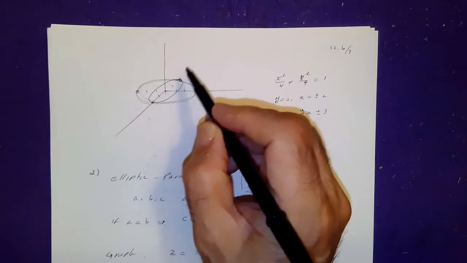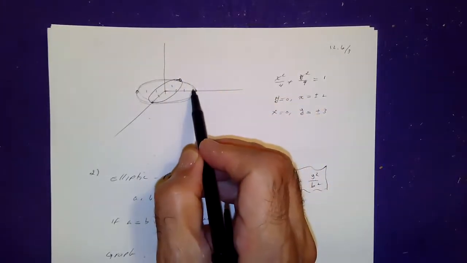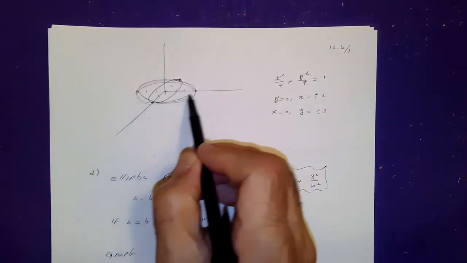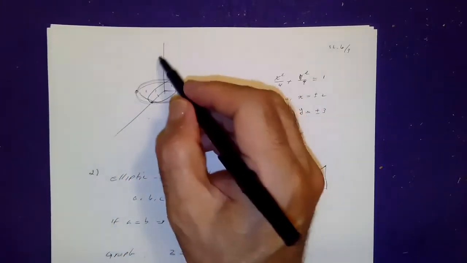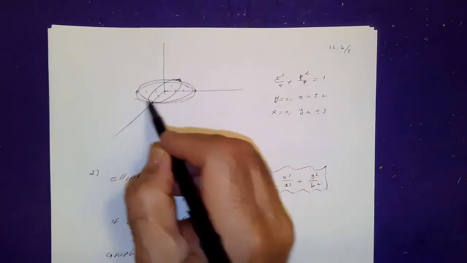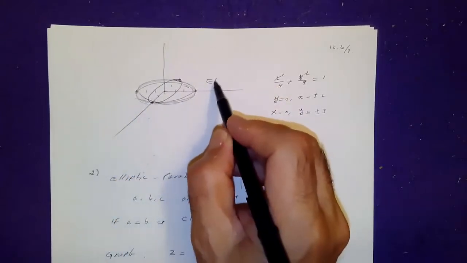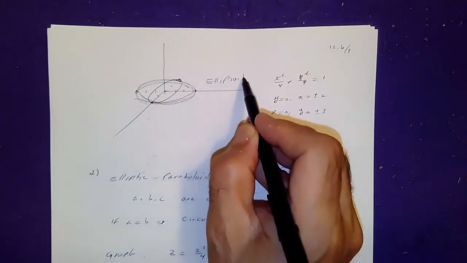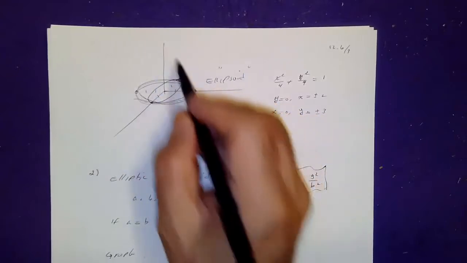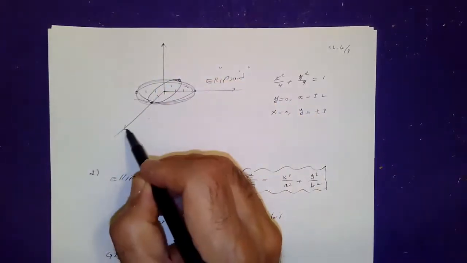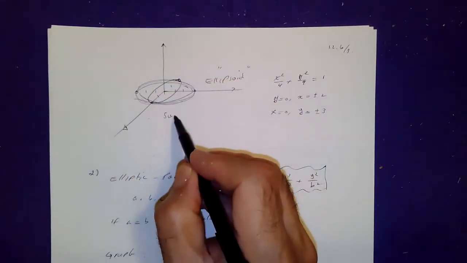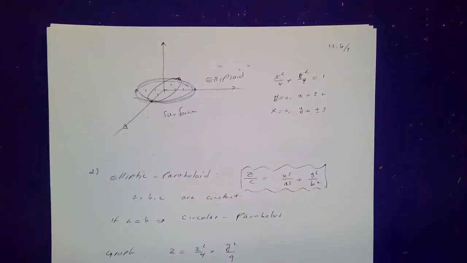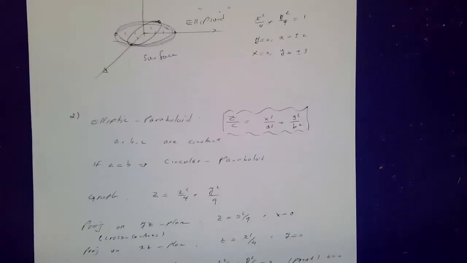So here's one more, and here's one more inside. And lo and behold, the result is called an ellipsoid. So this is like a football, correct? It's no longer a curve, but it's a surface. Do you see it? Right?